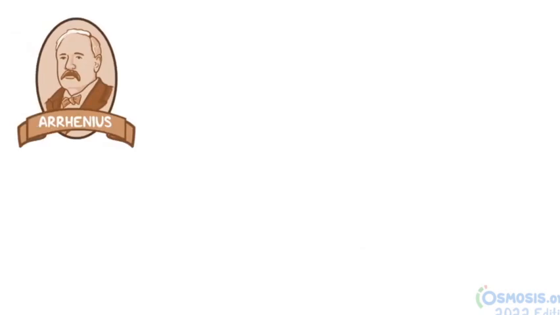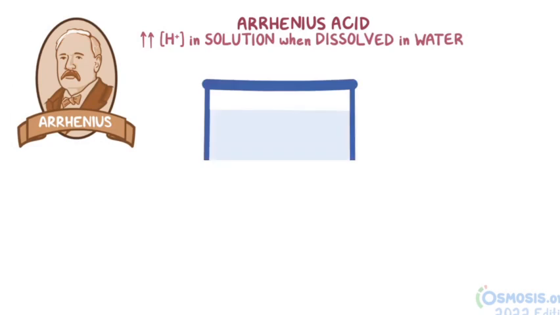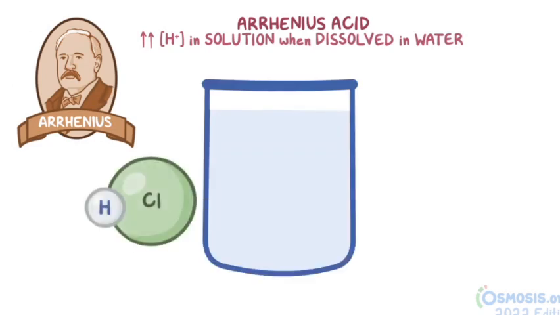Our first definition of acids and bases is from a chemist named Arrhenius. An Arrhenius acid is a substance that increases the concentration of hydrogen ions in solution when it is dissolved in water. An example of an Arrhenius acid is hydrogen chloride gas, which has the chemical formula HCl.